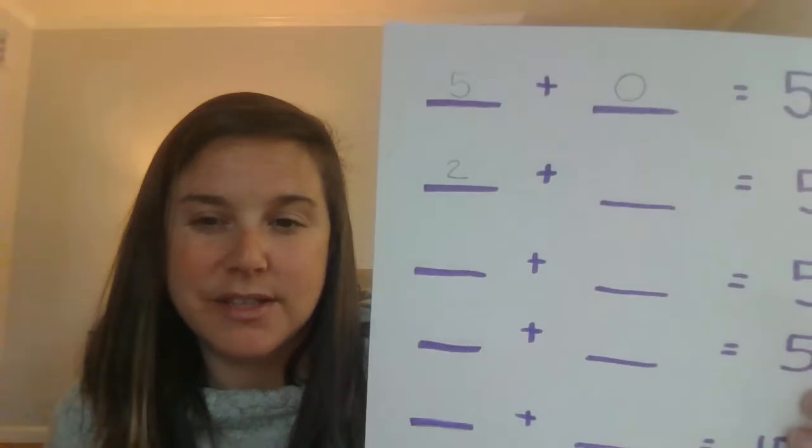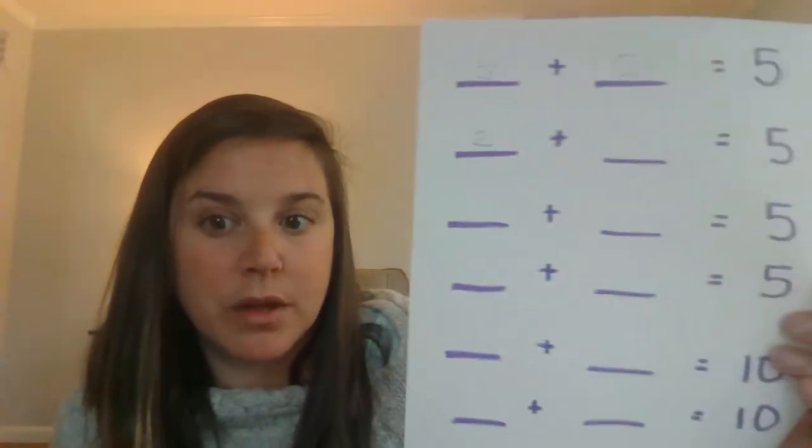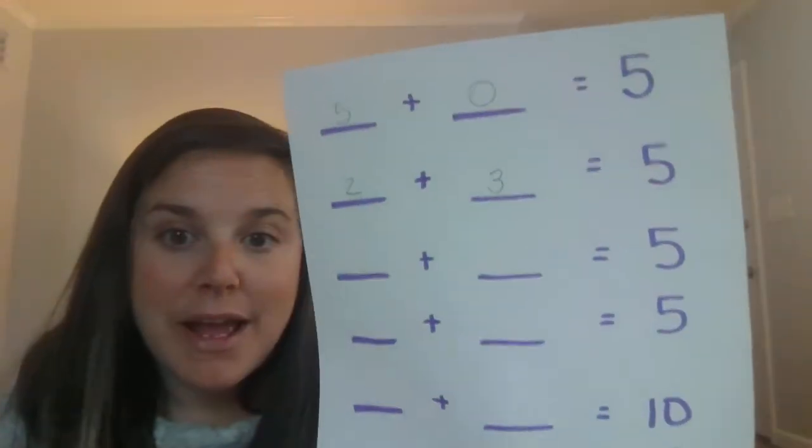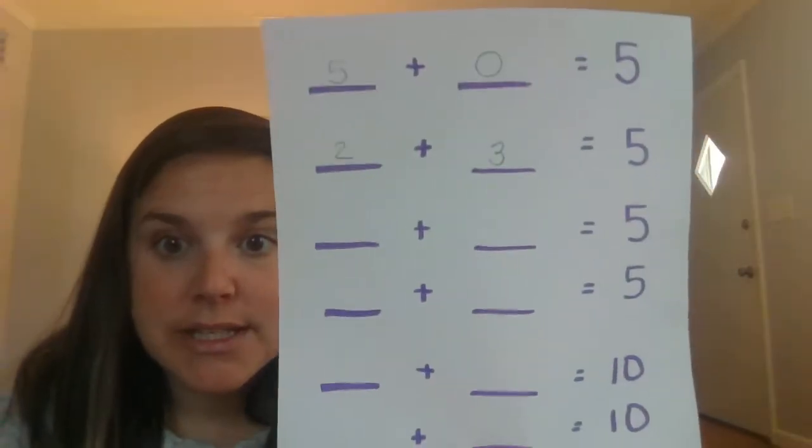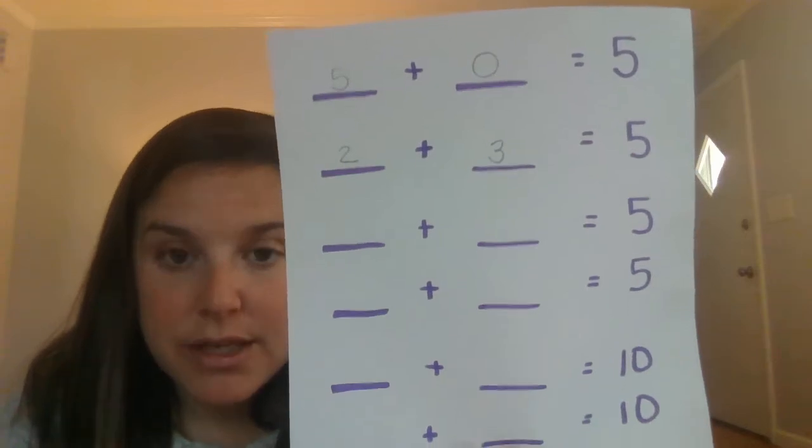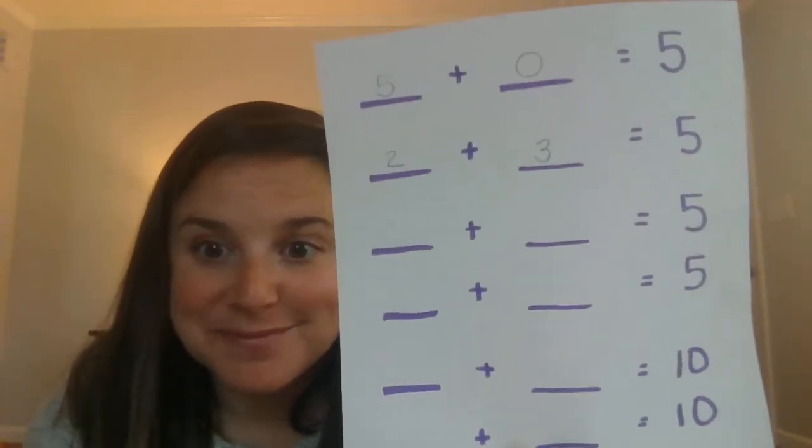I'm sorry if it looks a little backwards to you. 2 plus how many more? 3. And my math addition sentence says 2 plus 3 equals 5. Great job. Remember, you can pause it at any time. And I'm sorry if you hear my dogs barking outside, and I hope they're not too distracting for you.